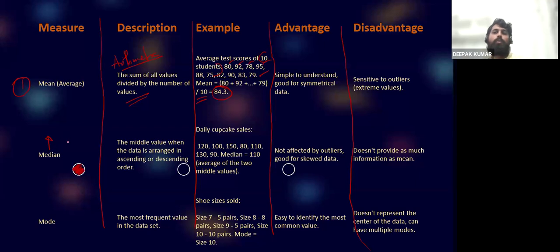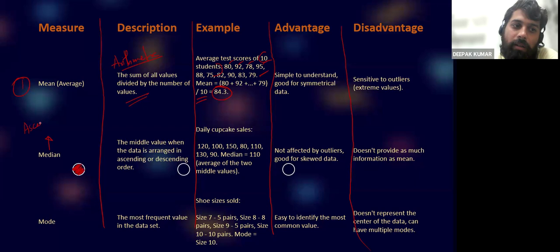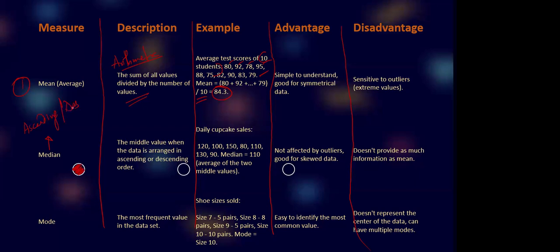Should the list you are calculating the middle value from be sorted or not? Should it be in ascending order or descending order? Both, either of them.